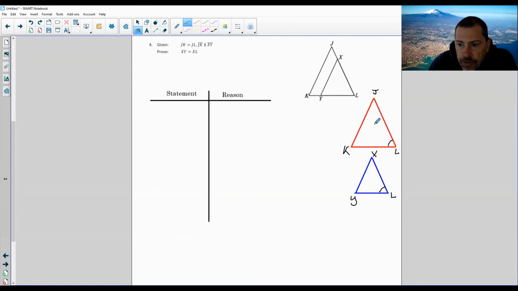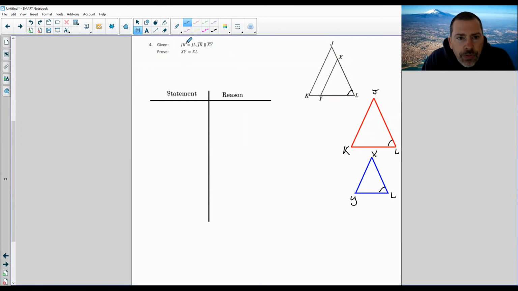So I see that angle L is shared. So I'll mark that. There's a reflexive property going on there. There's nothing wrong with looking at the big picture and saying, okay, what do I know just by looking at this? What's congruent to what? So first we're going to try to prove that this is an isosceles triangle, right? Because if XY is congruent to XL, then we have an isosceles triangle.